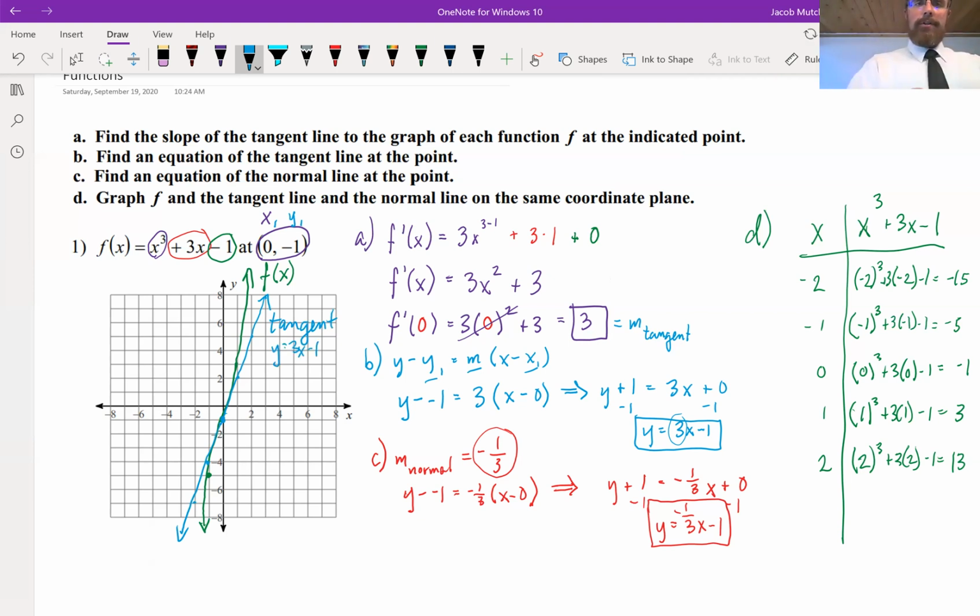Last step here is to plot the normal line. So it also goes through that same point, (0, -1). And then it falls 1 because it's negative, runs 3, fall 1, run 3. And I can reverse up 1, left 3, up 1, left 3.